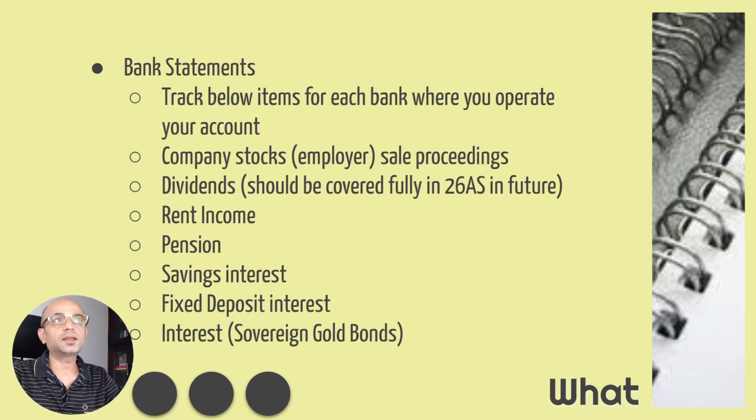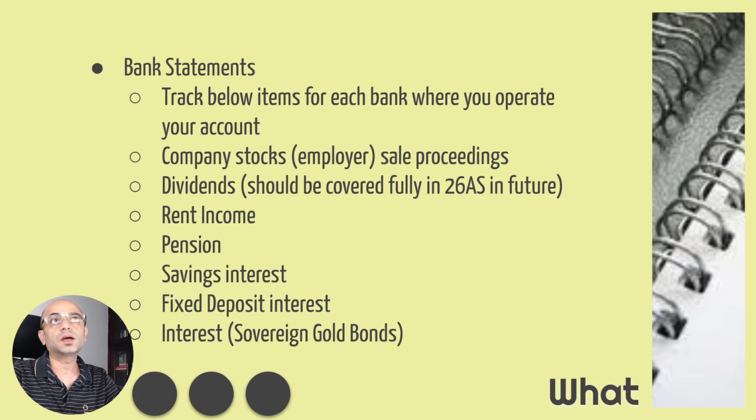And what you can track from bank statements: if you have company stocks which you have sold, you can track those numbers. And also, correspondingly you need to check the statements from your trading account for the capital gains information, and dividends, whatever dividends you're getting from the stock investments, because now you need to pay the tax on your dividend.